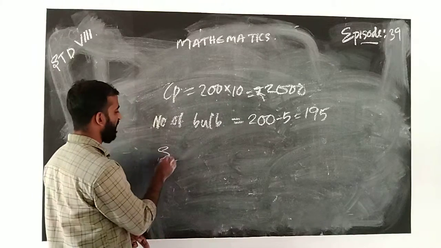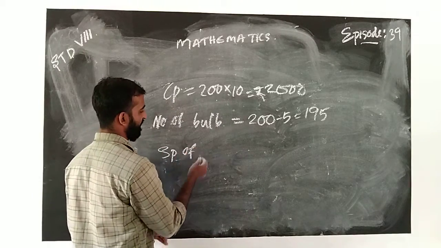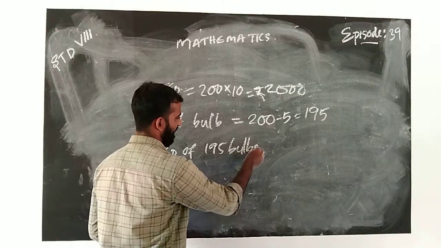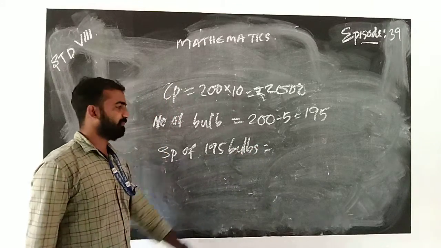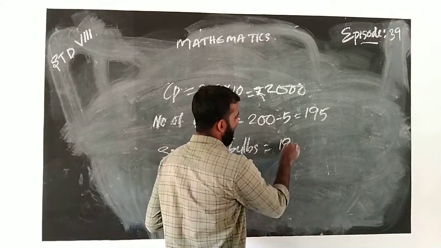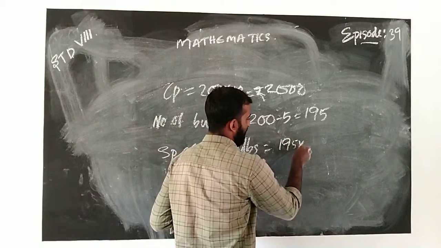Selling price of 195 bulbs equal to 195 into 12.